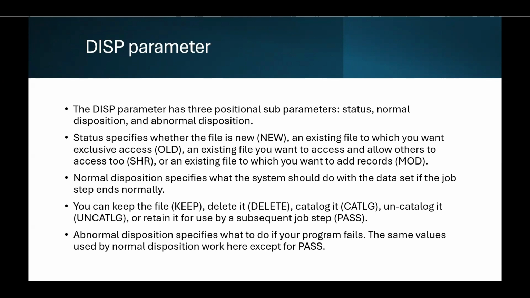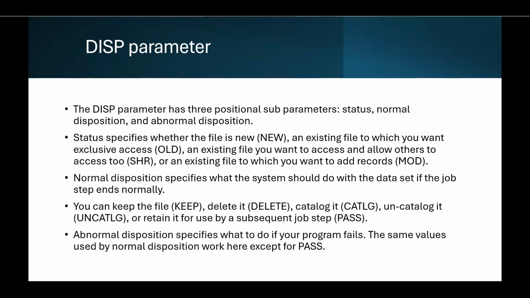Normal disposition specifies what the system should do with the data set if the job step ends normally. Okay, so you are writing JCL, you are writing a job step, you are doing some operation and using some programs, so you should provide this kind of specification.